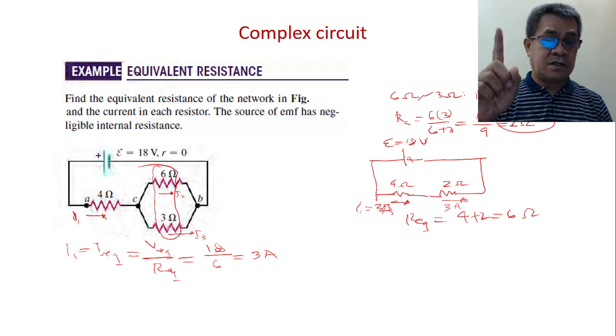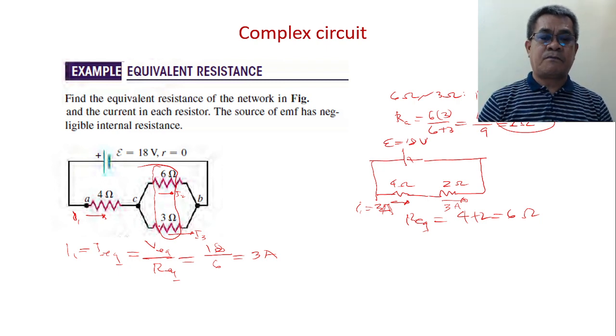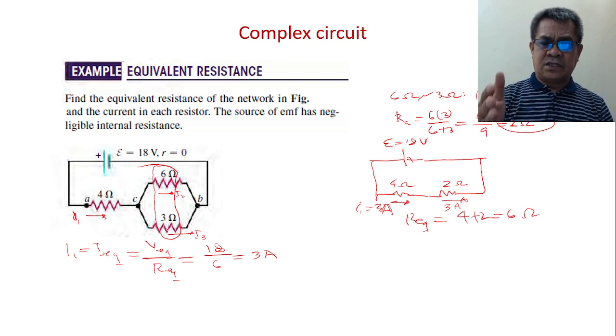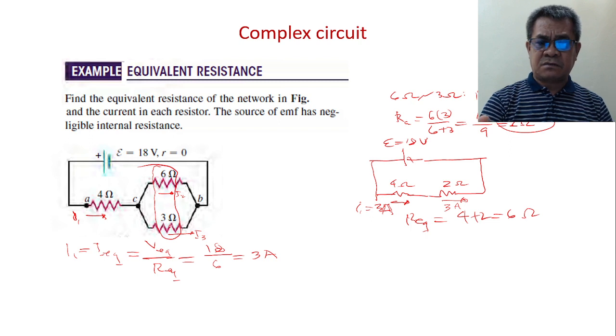And always remember that in a parallel connection, voltage is the same. Whatever voltage is across the 6 ohms should be the same voltage across the 3 ohms.